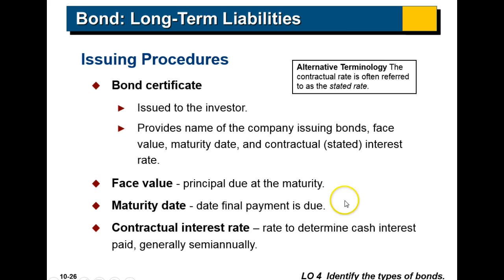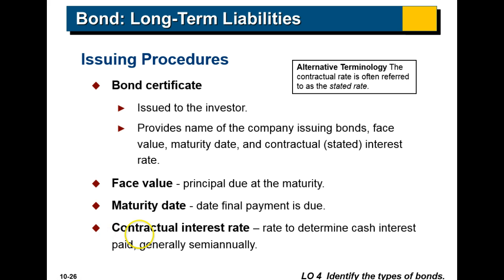The face value is generally what's due, what they're going to pay the investor. The maturity date's the final date when it is due. But the contractual interest rate, the rate to determine the cash interest paid, generally semi-annually, is going to be a portion of, and that's what we'll talk about.